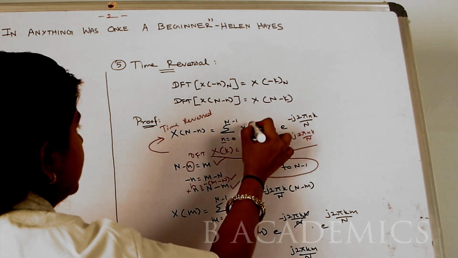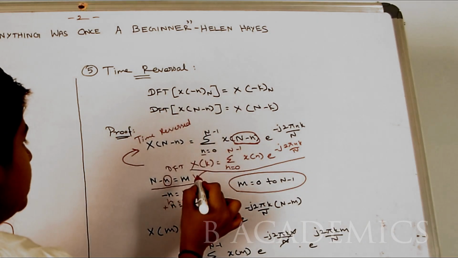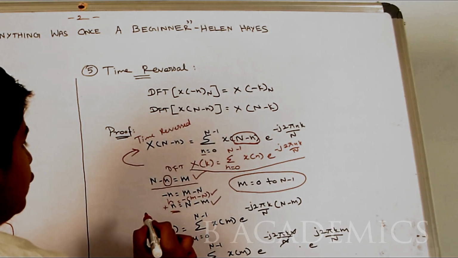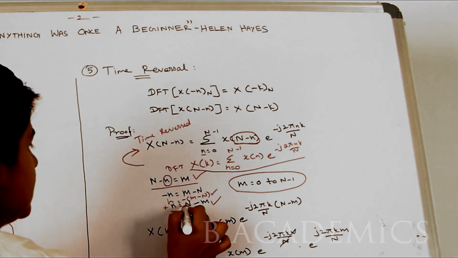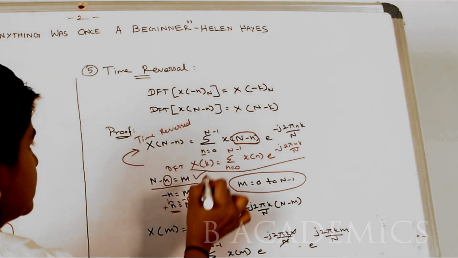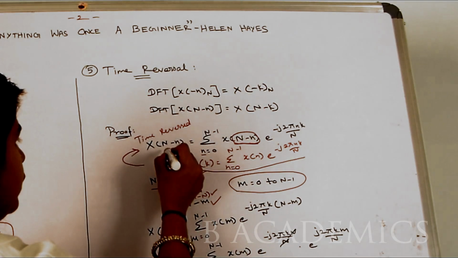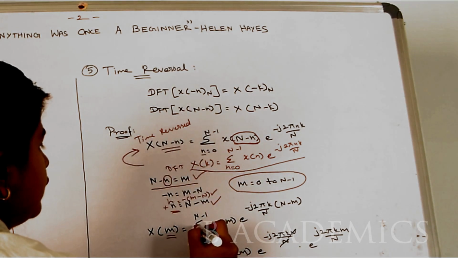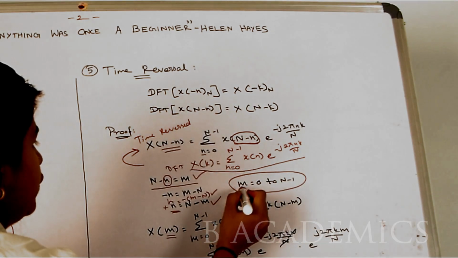Here instead of N minus n, I am considering it as m. From this term, you can find out the value for n. When you bring this n to that side, you will get n is equal to N minus m. So substitute here. You will get x of m, where m is equal to N minus n. The limit is also changed from 0 to N minus 1 for m.